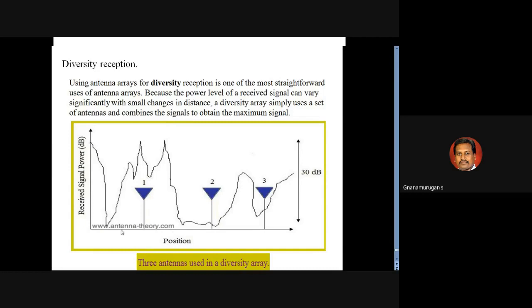So what is the operation of these 3 antennas? You can transmit electromagnetic waves with the range of 0 to 30 decibel. Three antennas are available: antenna 1, antenna 2, and antenna 3.